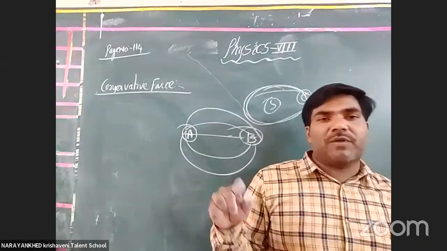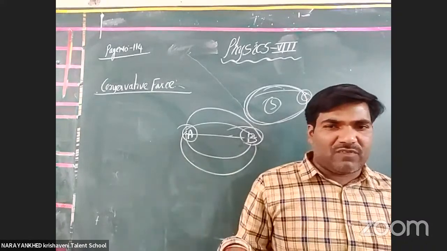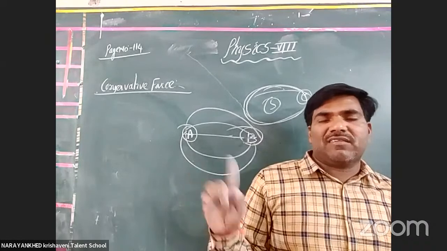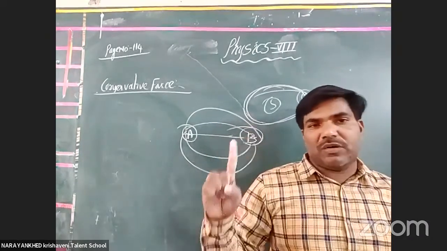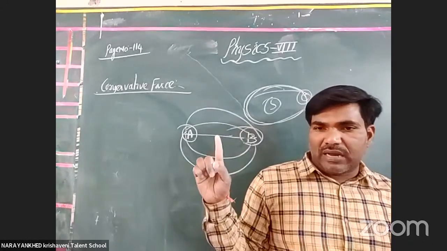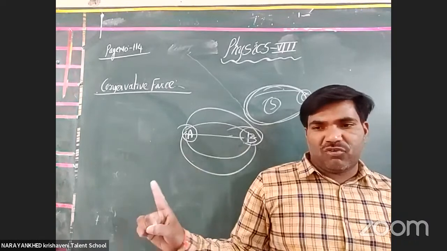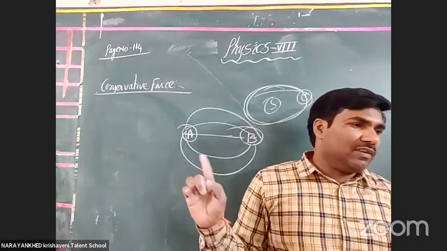Whatever path is followed by the electrons inside the atom, the work done becomes constant. It depends on initial position and final position only, and the path followed is not considerable.